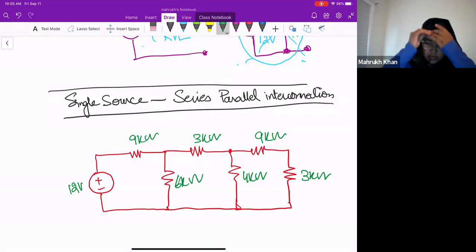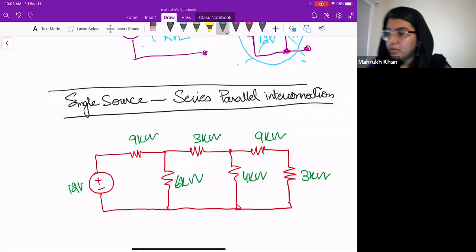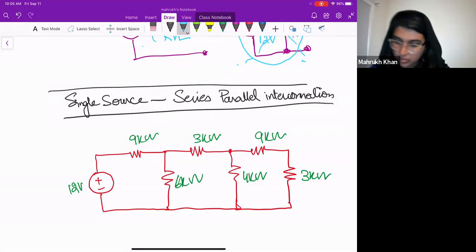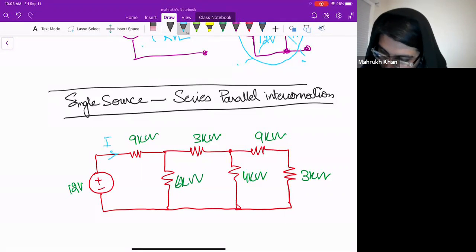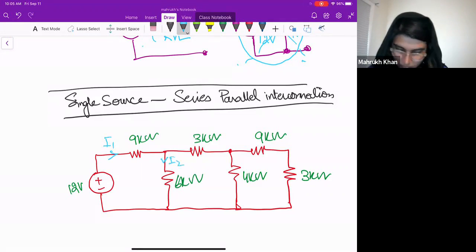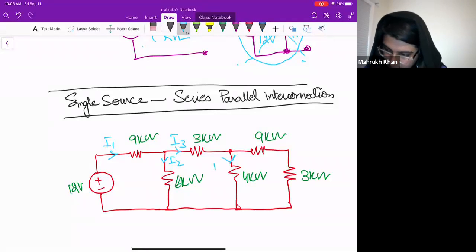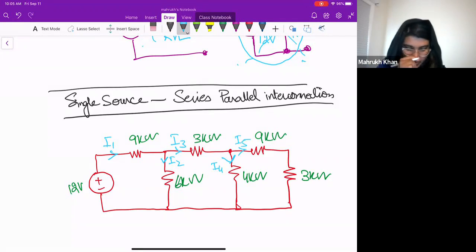The currents that are flowing are: this is I1, this is I2, this is I3, this is I4, this is I5. What we have to do in this circuit is find all currents and voltages.